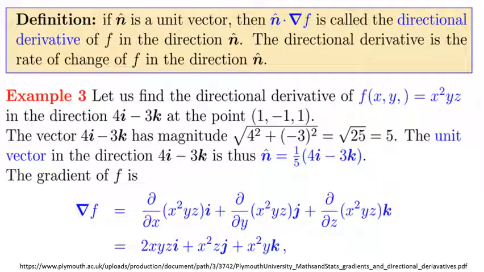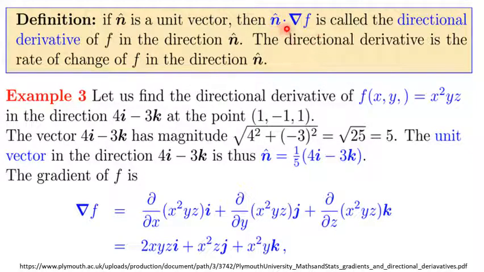Now the next thing is the directional derivative, how to calculate it. As we know, a unit vector shows the direction of any vector. The unit vector is denoted by n cap.